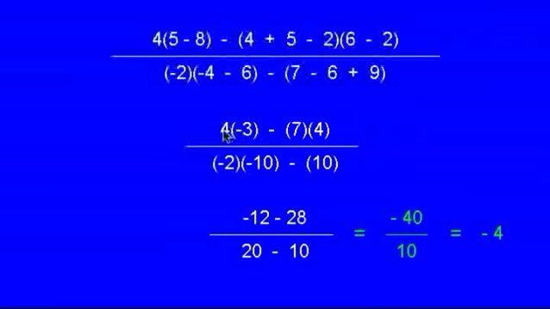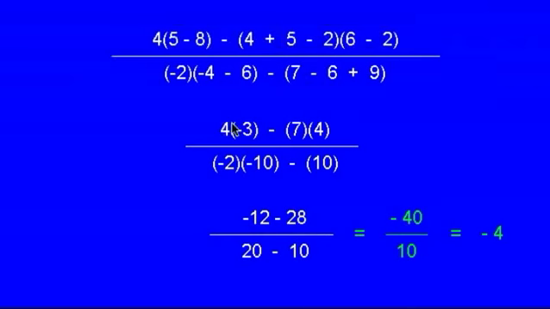There's no exponents, so now we go to the multiplication. And you can treat this division line sort of like a parentheses in that you want to do everything above and below before you do the final division, unless everything is strictly multiplication and division.